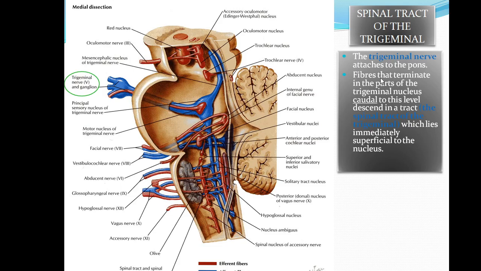The fibers that terminate in the part of the trigeminal nucleus caudal to this level descend in the tract, that is the spinal tract of the trigeminal nerve, which lies immediately superficial to the nucleus.